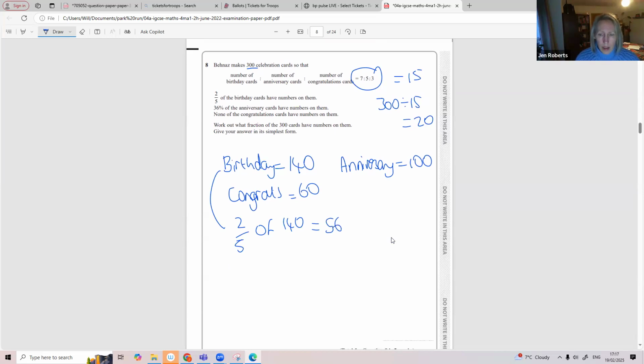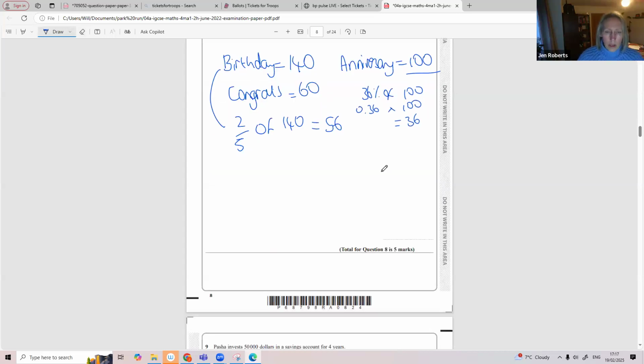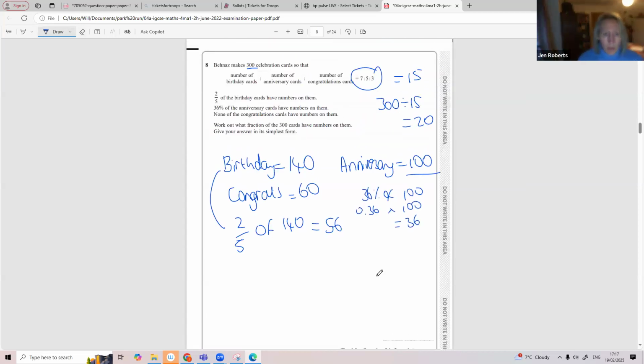36% of the anniversary cards. Well, you can kind of see it's just going to be 36, but if you wanted to work it out, it would be 0.36 times 100. So hang on. What fraction? Work out what the fraction of the 300 cards have numbers on them.